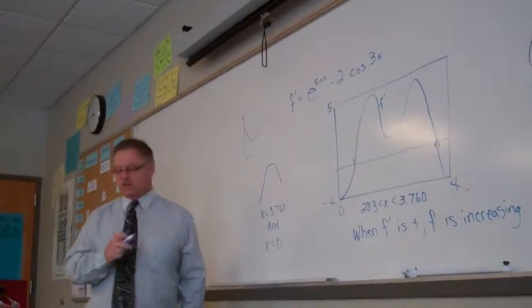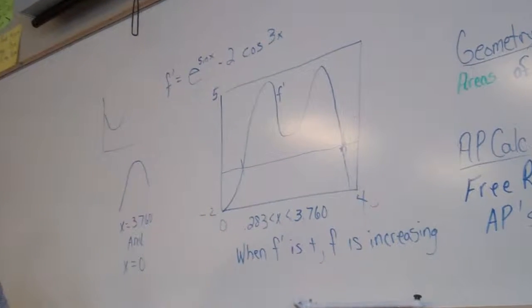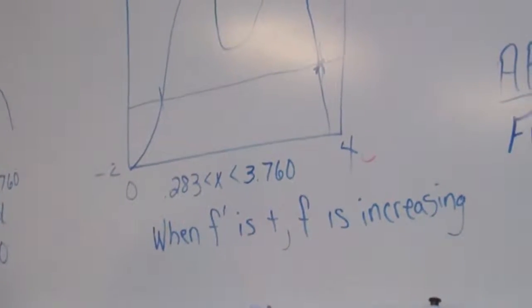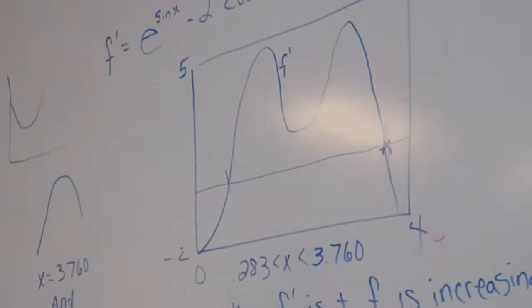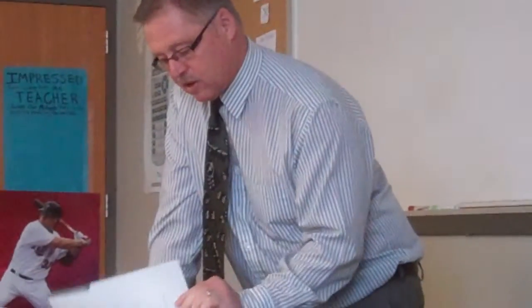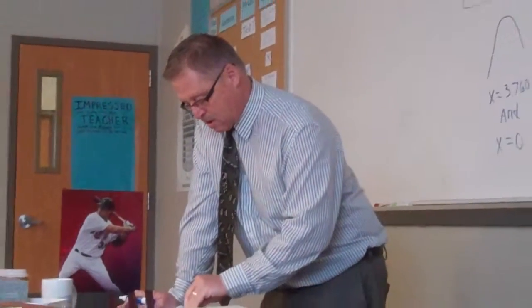How many different places is that happening here? Does slope equal 0 at points of inflection? The concavity has to be changing. No, the slope does not have to equal 0. The concavity has to be changing.